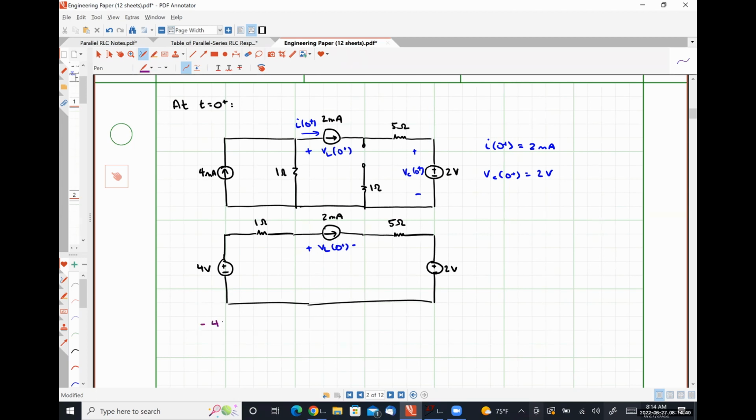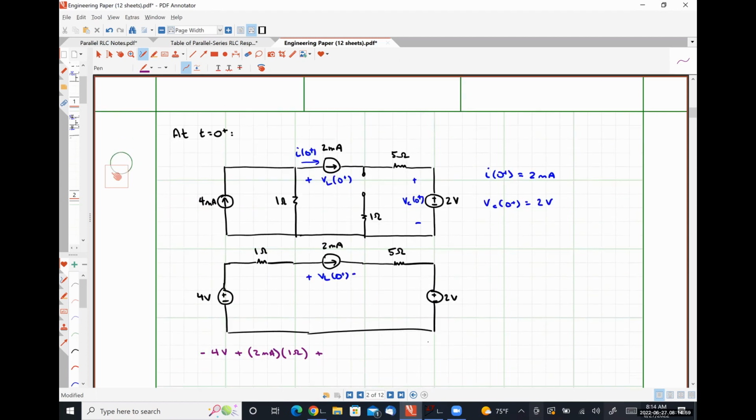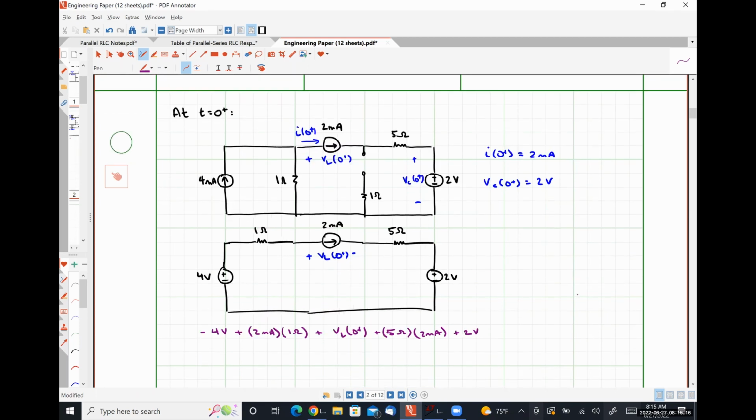So I'm going to have negative 4 volts plus 2 milliamps times 1 ohm, where I'm assuming that my 2 milliamps of current is going to flow into the positive polarity terminal of my resistor. Then I'll have plus VL of 0 plus, my quantity of interest, plus 5 ohms times 2 milliamps plus 2 volts is equal to 0.